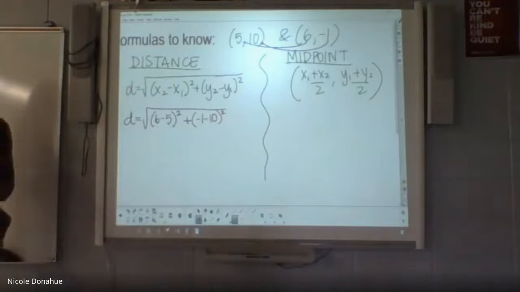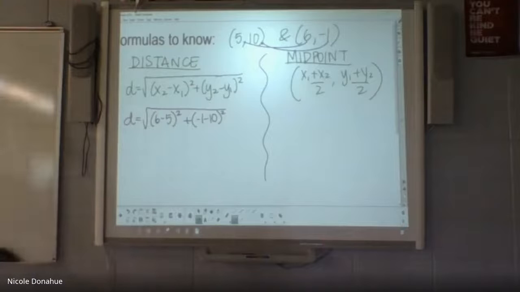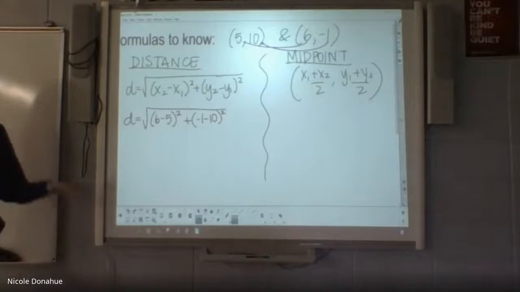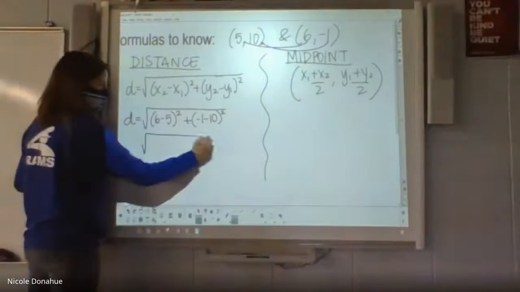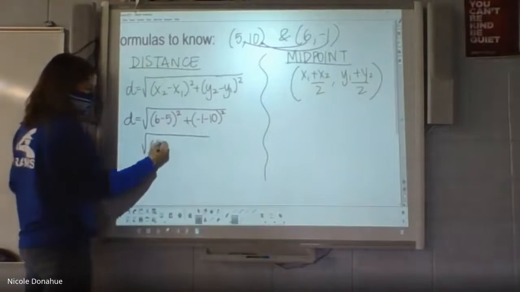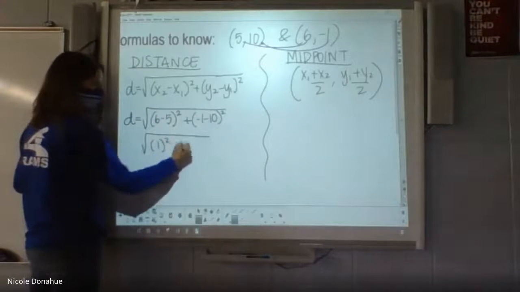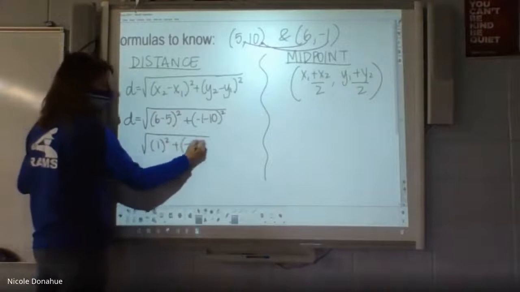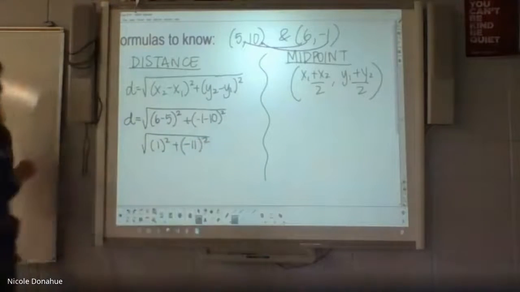Are you okay with why I have the numbers where I have them? And you just have to be consistent about your order. So 6 minus 5 is 1. I square that. Negative 1 minus 10 is negative 11. I'm going to square that.